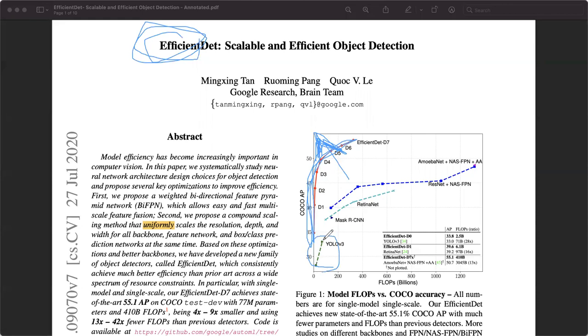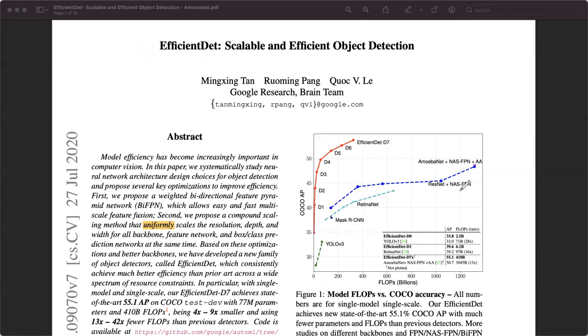In terms of FLOPs, Mask R-CNN takes longer and has high accuracy, but when it comes to efficiency, there's still some gap here.